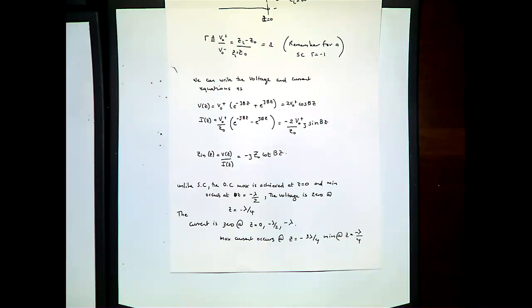All right, so what I would suggest is, whenever you've got a few minutes spare, actually draw what a cot function looks like, and work out what the voltage, the current, and the input impedance are.